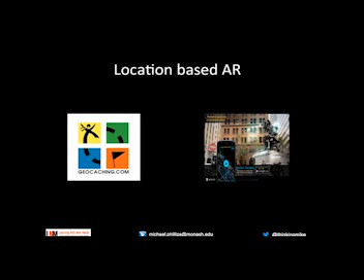So location-based AR is something that uses a real-world location to then be able to present more information to you. Couple of examples of these. One is a game called geocaching, and the second one is the precursor to the Pokemon game that took over the world not so long ago, and that game was called Ingress.